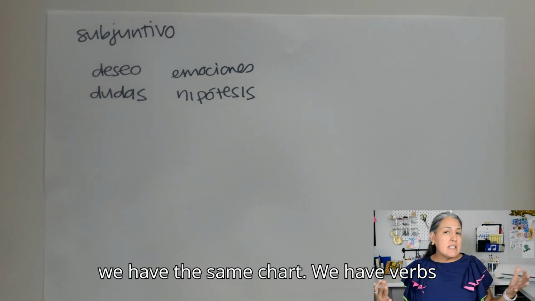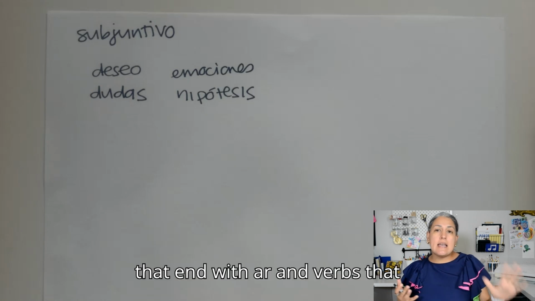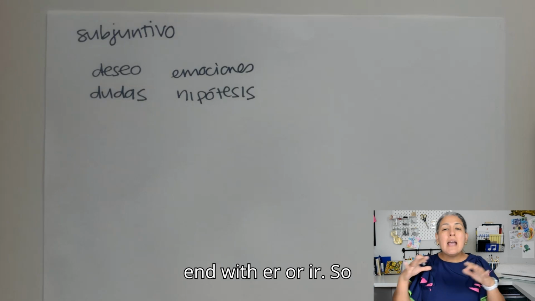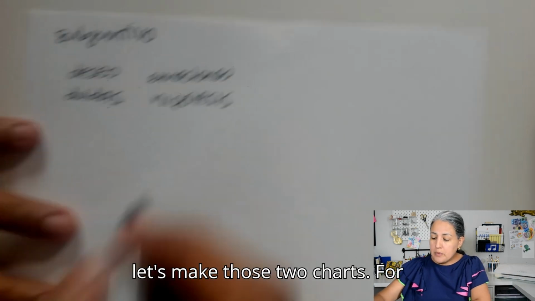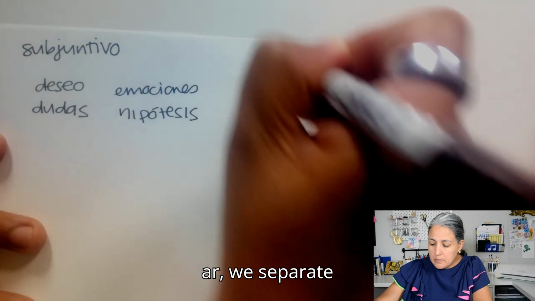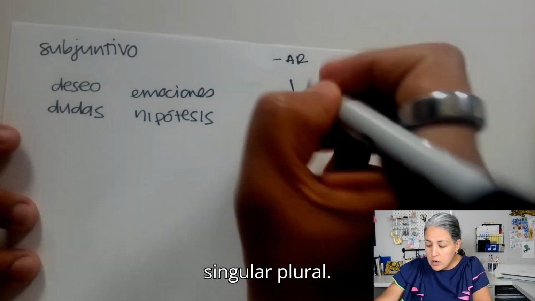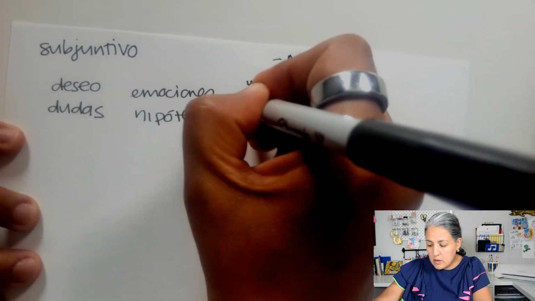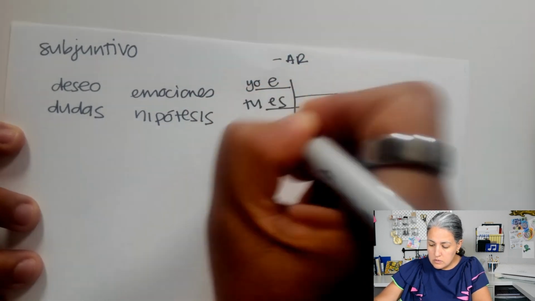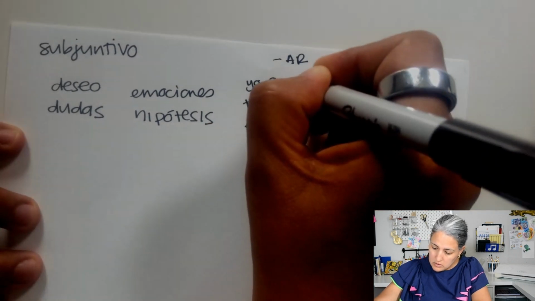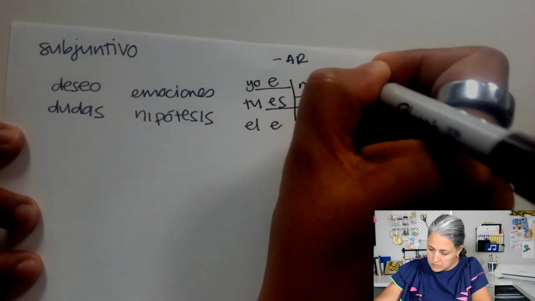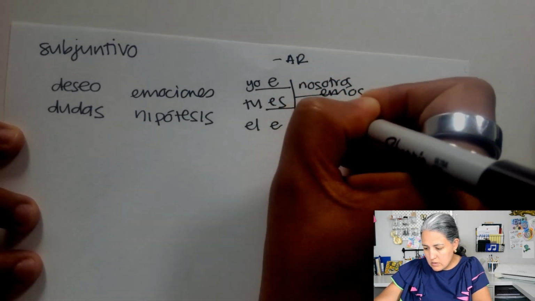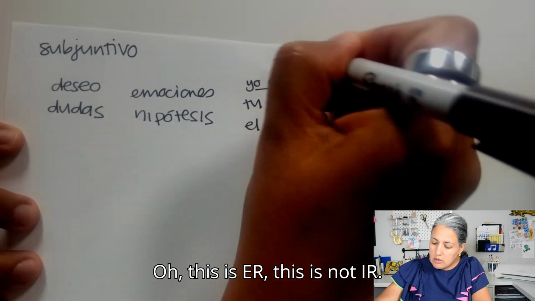As we know, we have the same chart. We have verbs that end with AR and verbs that end with ER or IR. So let's make those two charts. For AR, we separate singular, plural, yo, oh, this is ER, this is not IR.